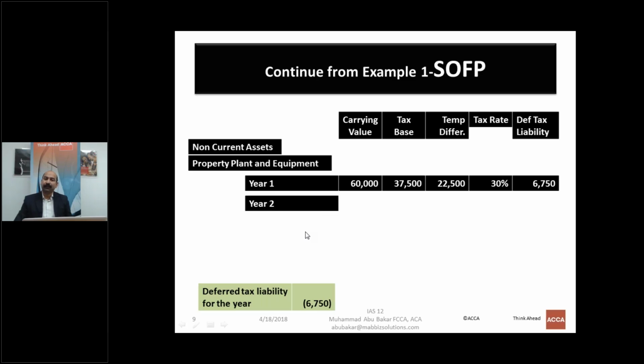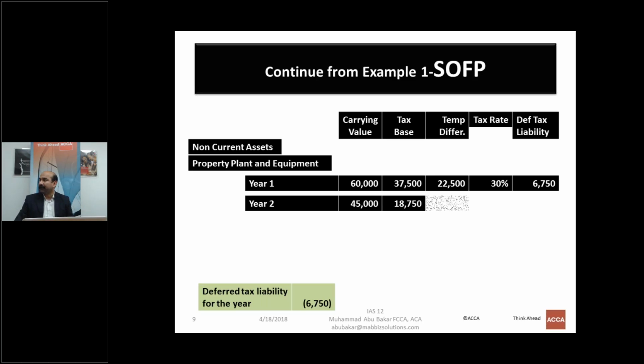Okay, now come to year two. Here, from accounting point of view, at the end of year two, a further 15,000 will be reduced. So this will give us 45,000 carrying value from the accountant's point of view. And the tax people will reduce 37,500 by 25% of the 75,000 to calculate the carrying value from the tax point of view.